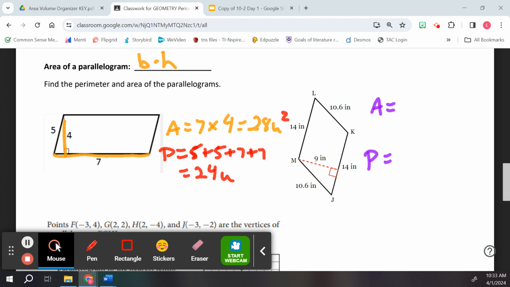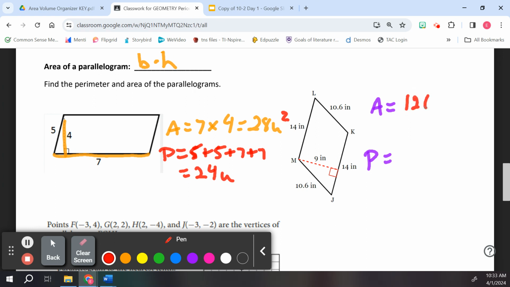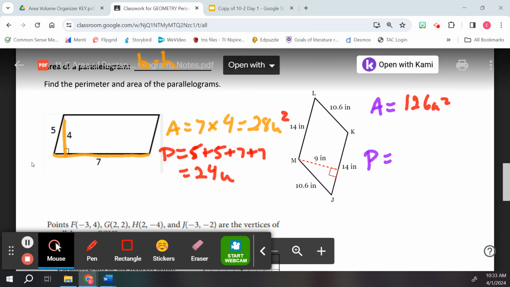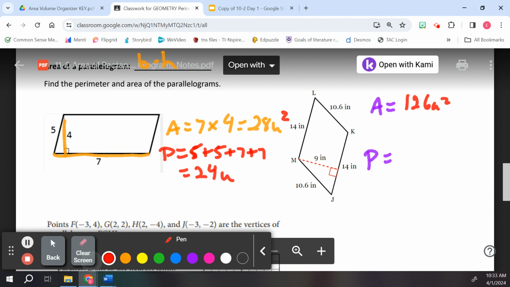Giano, what's the area? Very good. 126 units squared. Who has the perimeter? Evelyn. Remember, that is units.